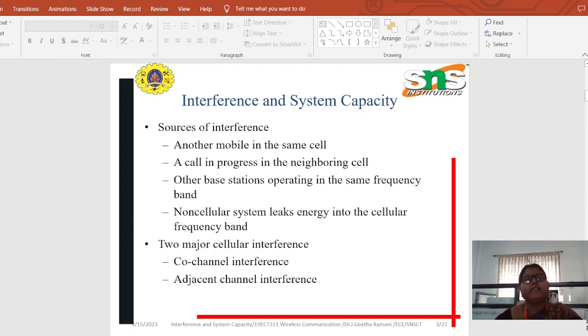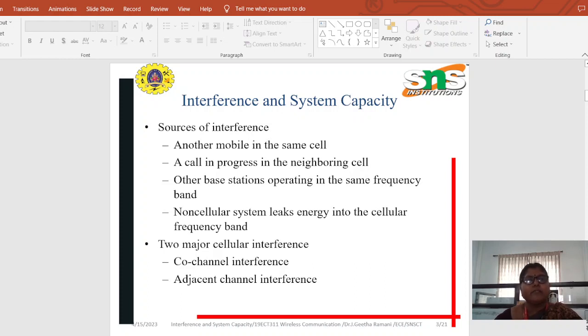And other base stations operating in the same frequency band will also create a type of interference. And non-cellular system leakages, for example your FM radio and TV channels, will leak some kind of energy into the cellular frequency bands.